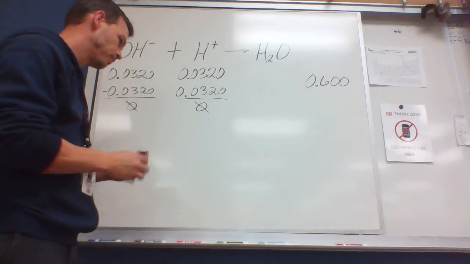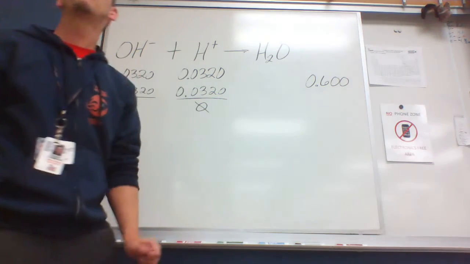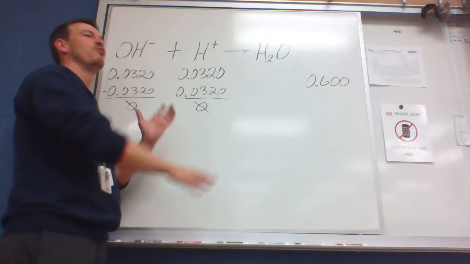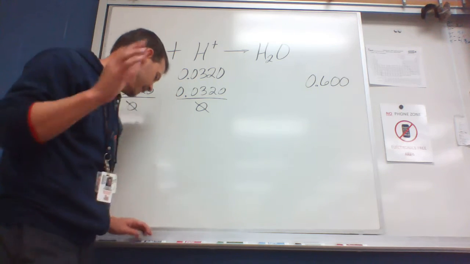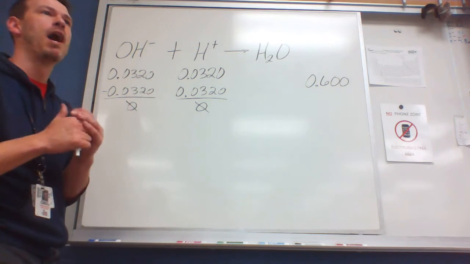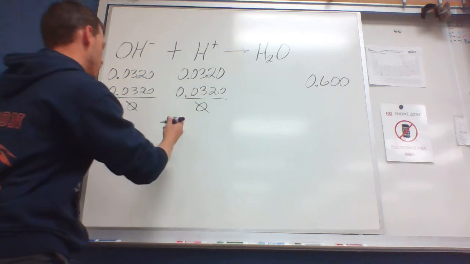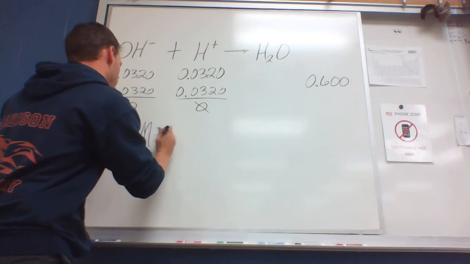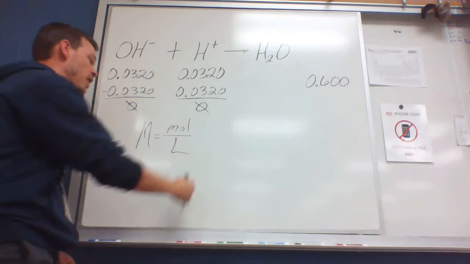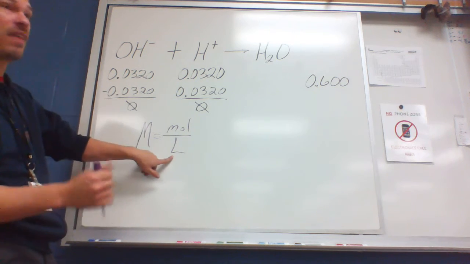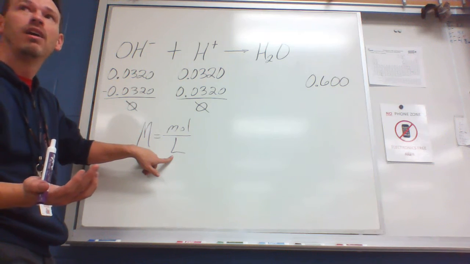In this case, if you look at the question, it turns out you didn't even have to do most of this to find the volume that needs to be added. Because here's what I know about the connection between all the values: molarity equals moles over liters. This question is simply asking for the L, right? So you just plug in numbers.